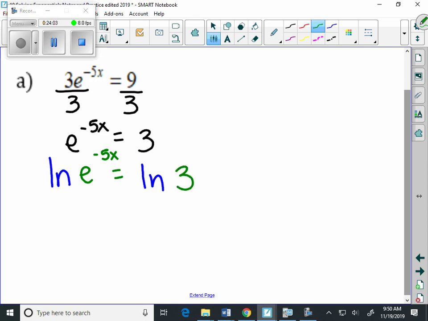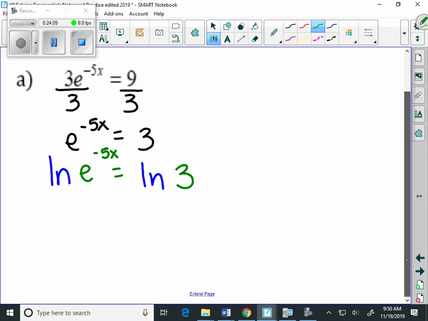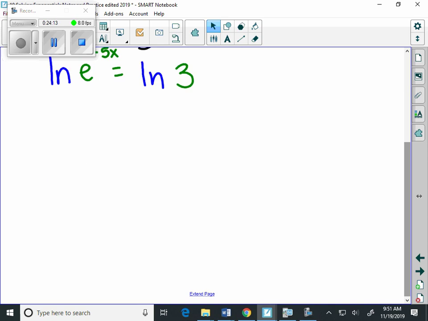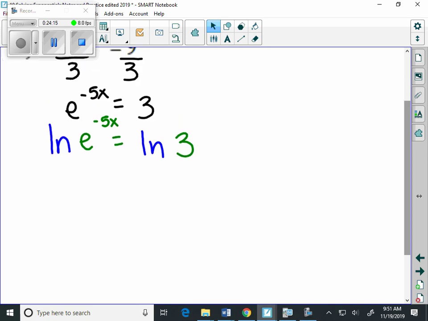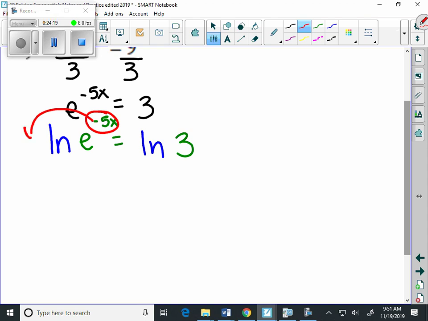But again, make sure that you isolate. Well, next step, use our logarithmic property. Our logarithmic property says to take this negative 5x, our exponent, and bring it out front. So this is going to be negative 5x times the natural log of e equals the natural log of 3.